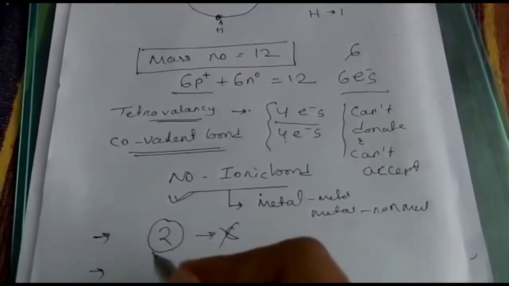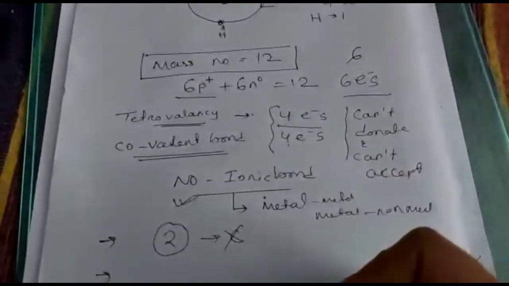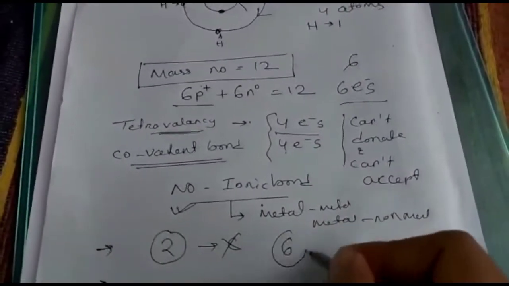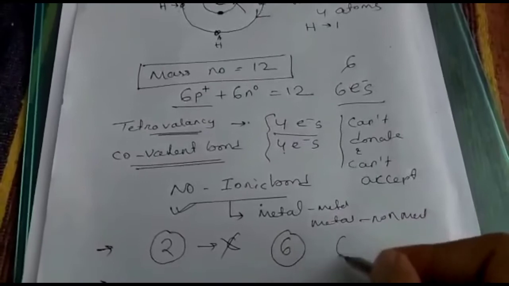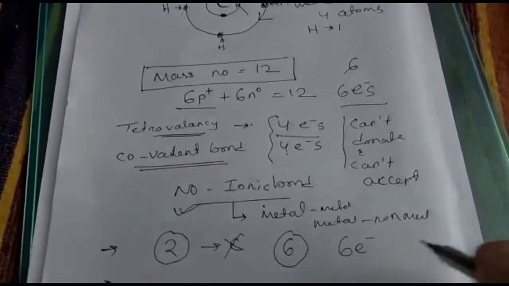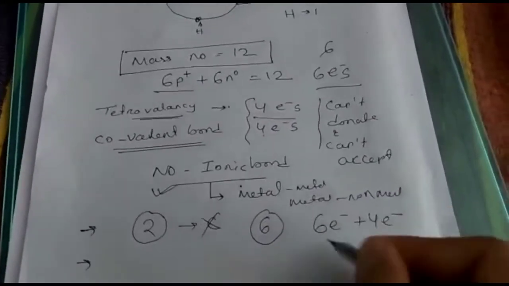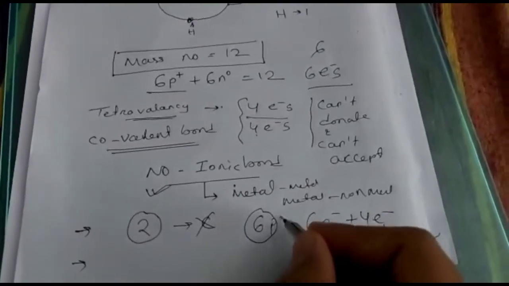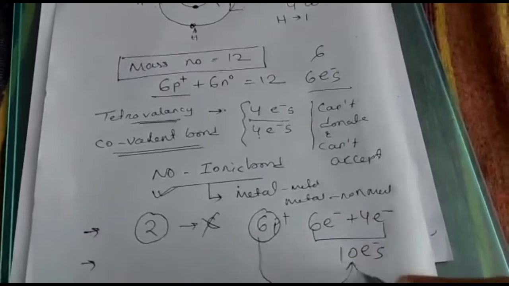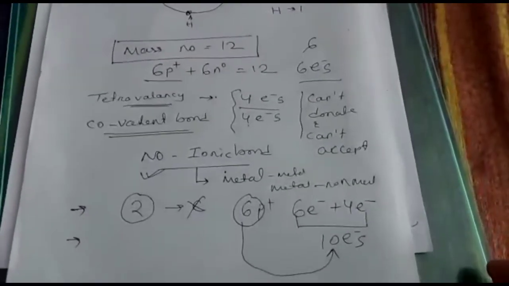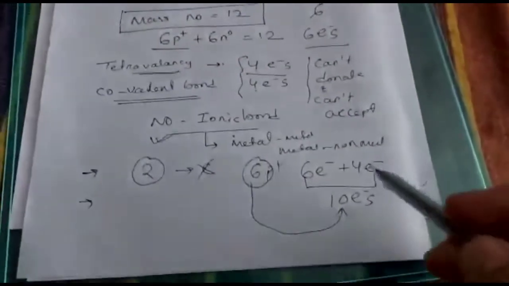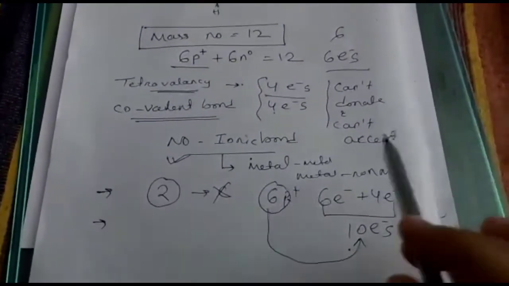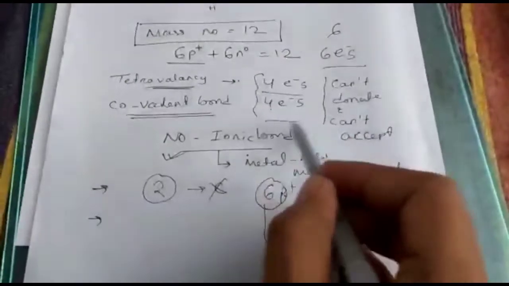The next part is if it accepts 4 electrons. It has 6 protons and 6 electrons are already present. If you add 4 more electrons, then it will be 10 electrons. And 6 protons cannot manage 10 electrons. It is very difficult to manage 10 electrons with 6 protons. That is one problem with accepting 4 electrons.